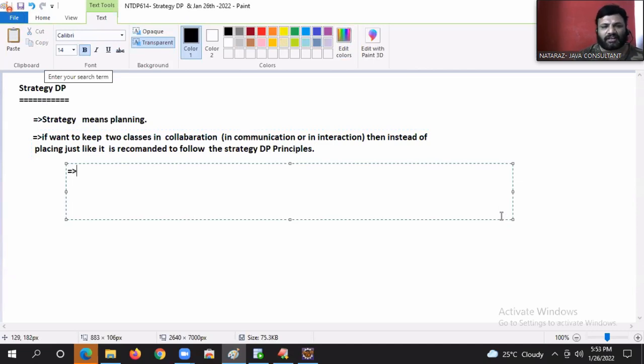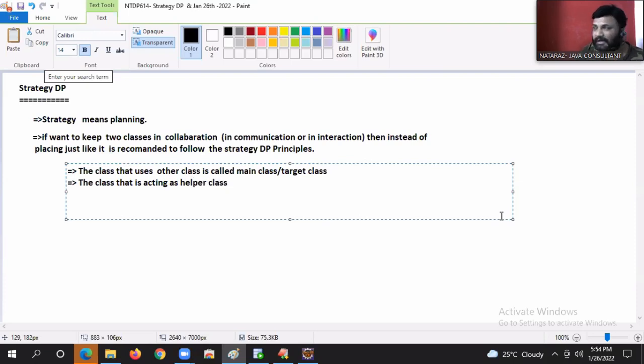Okay, guys. Now tell me, the class that uses another class. The people who have taken Spring with me might have studied this design pattern, but this is very popular in non-Spring environments also. The class that uses another class is called the main class, or target class.